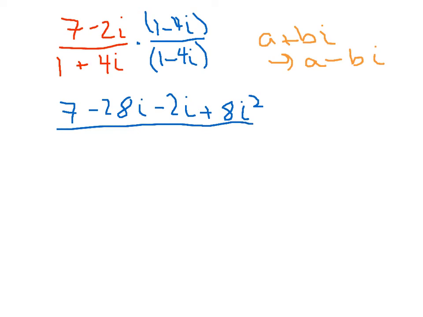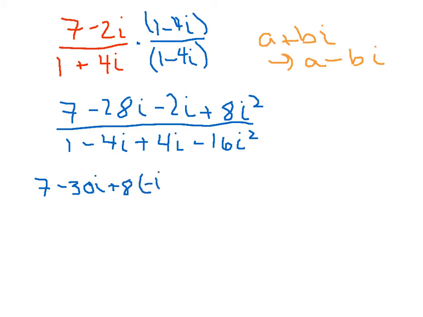Down below, we'll get 1 minus 4i plus 4i minus 16i squared. Now I'm going to simplify the numerator. I can combine the i's, so I'll get 7 minus 30i plus 8, and i squared we know is a minus 1. Down below, I'll get a 1 minus 16 times negative 1. The reason why, minus 4i plus 4i cancel, and i squared becomes negative 1.